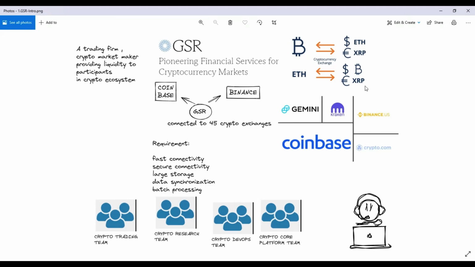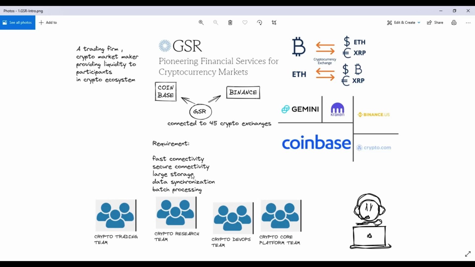Looking at their problem, some of the requirements we could jot down are that they need fast and secure connectivity with these cryptocurrency exchanges, and there are more than 45 of them. So we need very reliable network connectivity with these exchanges. The second aspect is the data, so the storage.